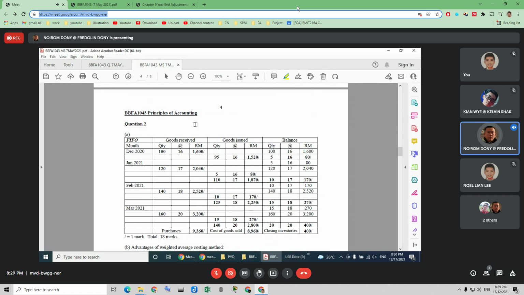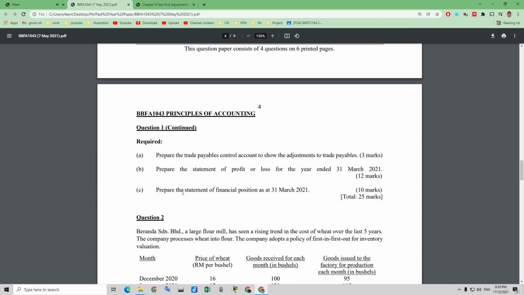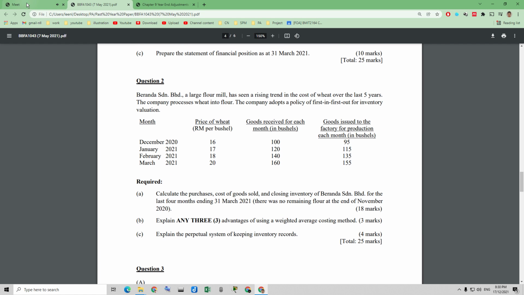So look at question 2. Peranda Sindran Berhad, a large flour mill, has seen a rising trend in the cost of wheat over the last 5 years.